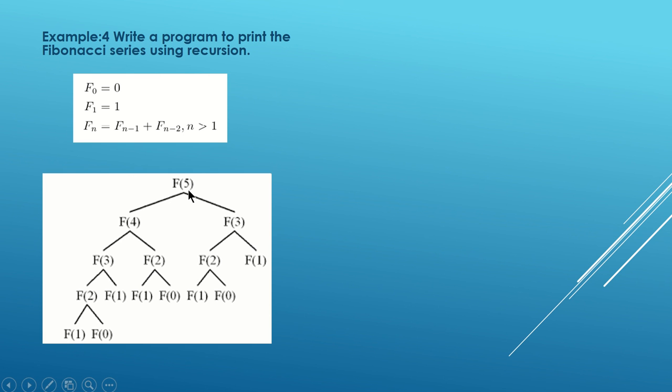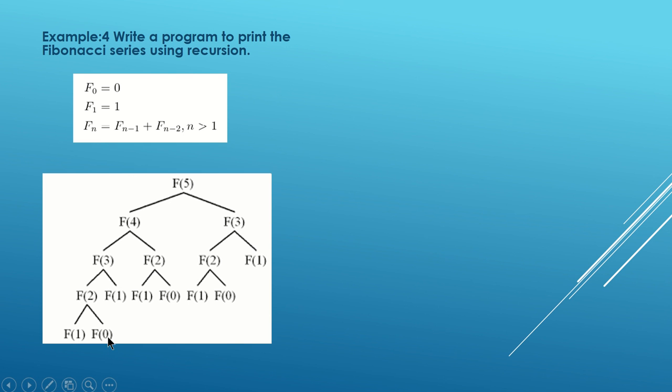Okay, so I want to print 5 numbers. How will you calculate the fifth number? It is the sum of the previous two numbers, f of 4 plus f of 3. How will you calculate f of 4? f of 4 can be calculated as f of 3 plus f of 2. How will you calculate f of 3? f of 3 is the sum of f of 2 and f of 1. How will you calculate f of 2?